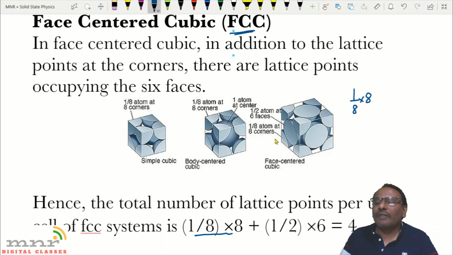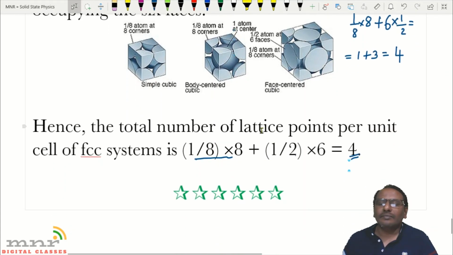So totally we have 6 atoms at the 6 faces, but the contribution of each atom to this given unit cell is only half of its share. So this will become 1 plus 3. So the number of lattice points per unit cell is 4 in the case of the FCC crystal. This is about the basic concepts of crystal structure.